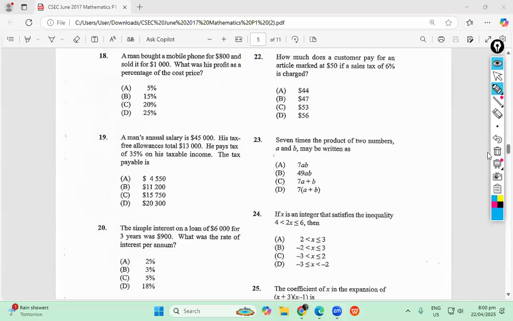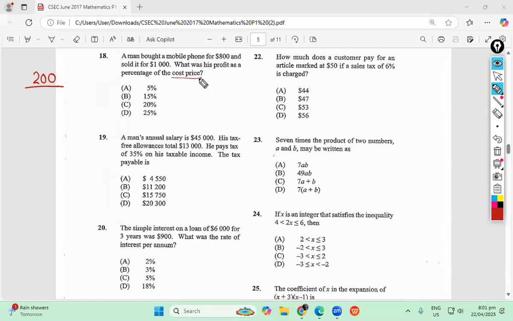So number 18, that's a primary school question. If you have a phone and it costs 800 and then you sell it for 1,000, you make $200 profit. To convert it to percentage, you take the profit, which is 200, and you divide it by, they even tell you, as a percentage of the cost price.